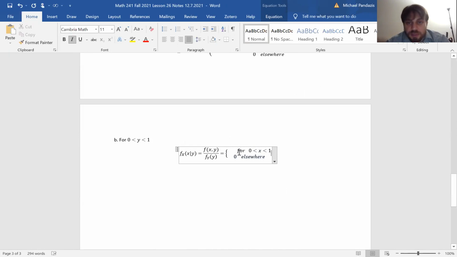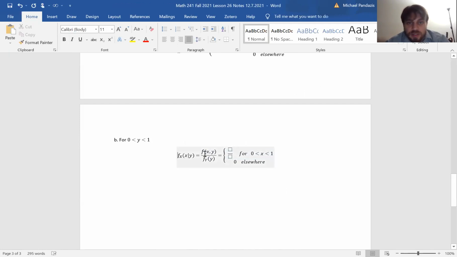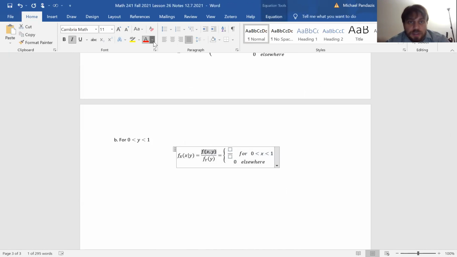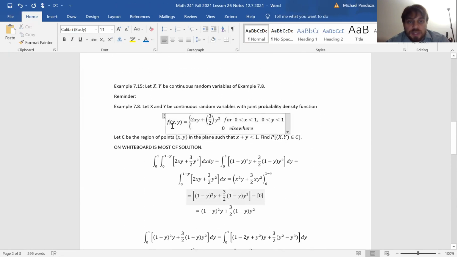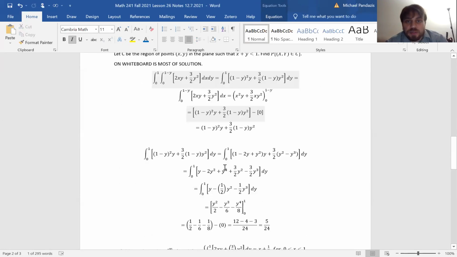Okay, but if x is between 0 and 1, then the value of f of x given y is equal to the fraction where in the numerator you have f of x comma y, which we said over here was this. And this is for these intervals here, right?